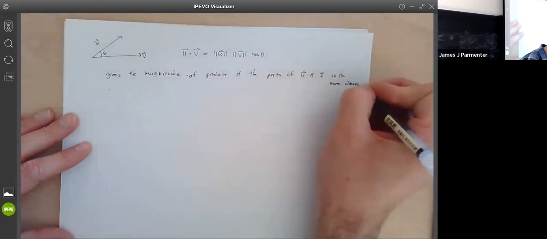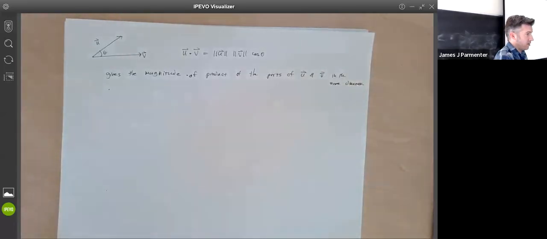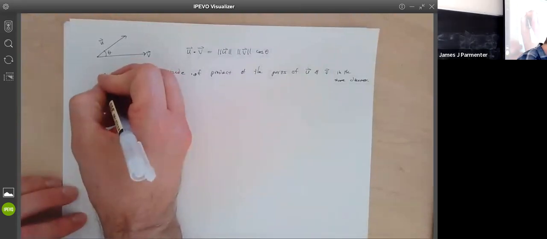That's essentially what we're getting there. So however much of u and v are in the same direction, we're taking those parts together and multiplying them. It's a weird interpretation, but it is an accurate interpretation of it.